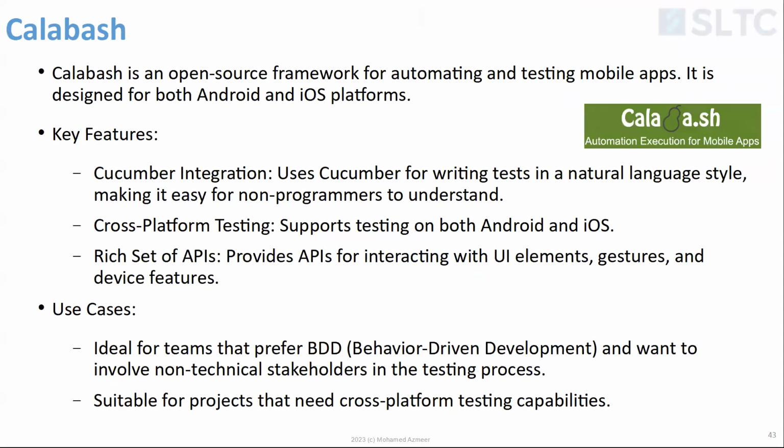And the next is Calabash, right? Another open source one for both Android and iOS. So there are lots of integrations available here. And it uses natural language style test case writing, right? There's a separate tool called Cucumber, so it uses natural language style writing there.